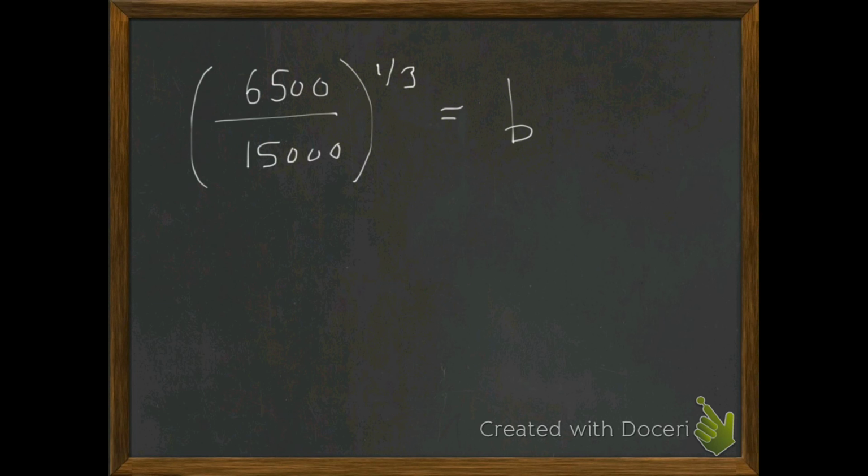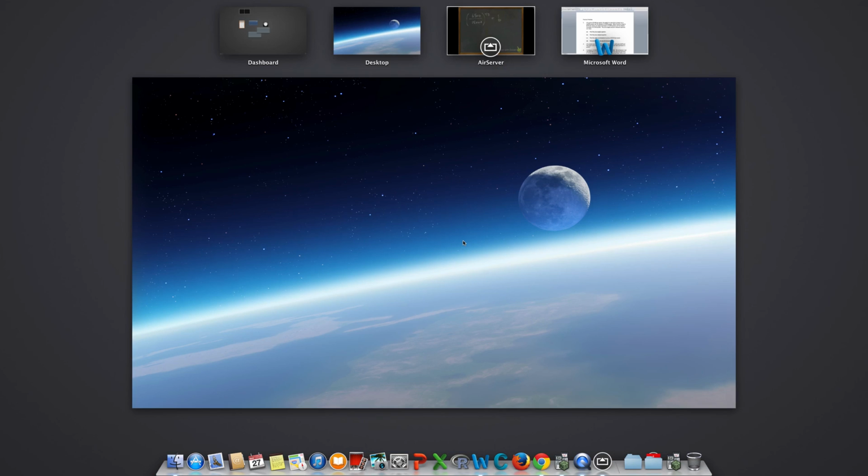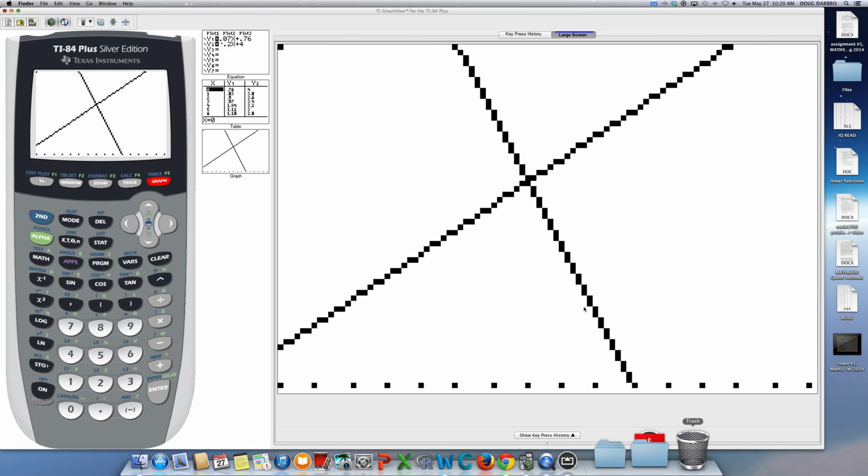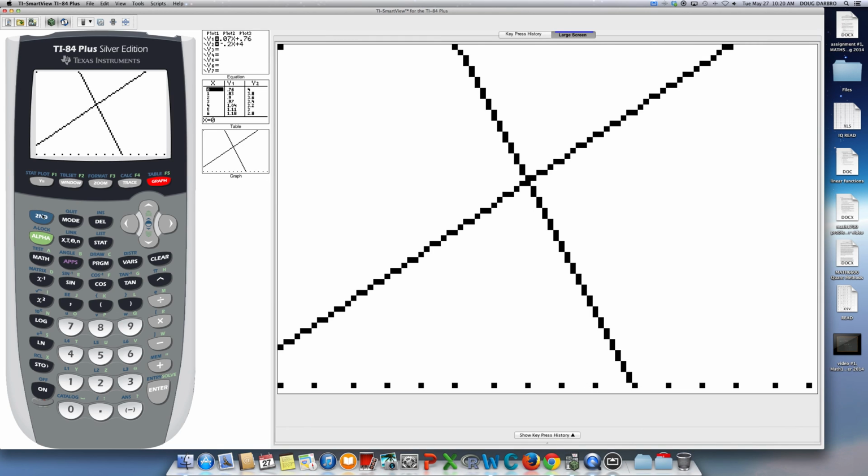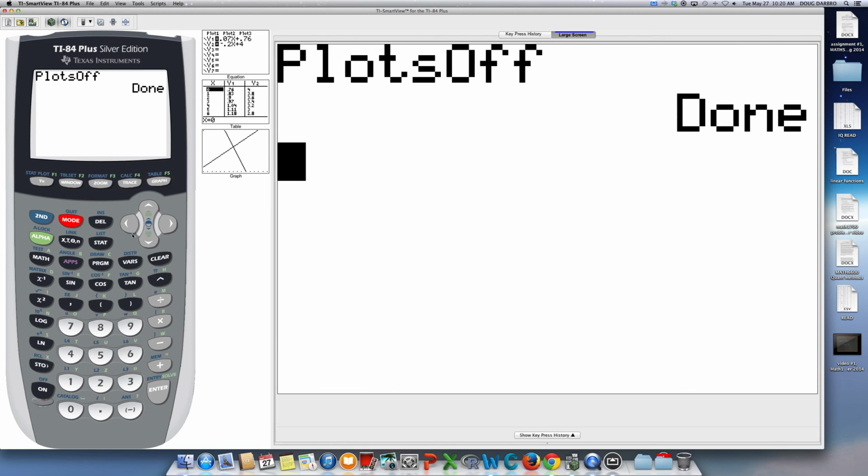All right, now I'm going to show you how to do this in your calculator. If we go to the calculator, let's go second function quit to get back to the home screen.